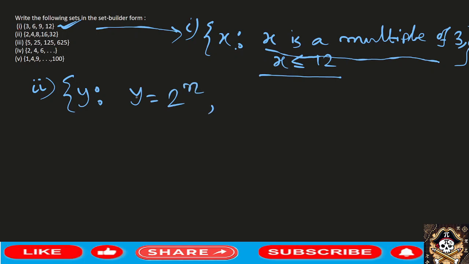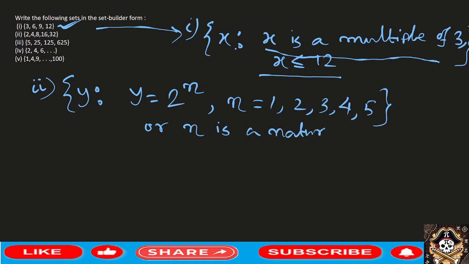Now n runs from 1, 2, 3, 4 and 5. You can say that n is a natural number less than 6. That will also work.